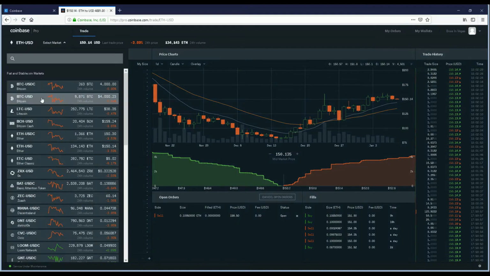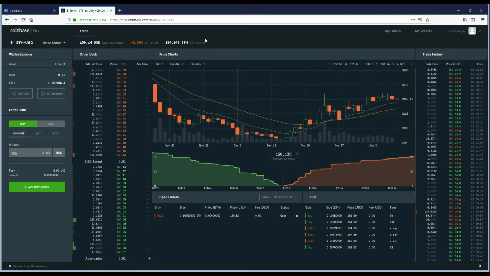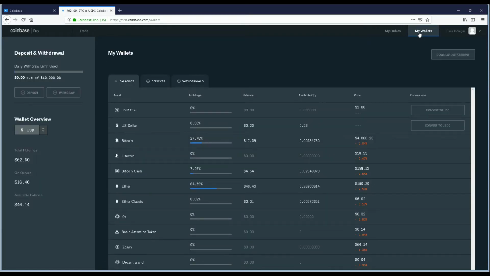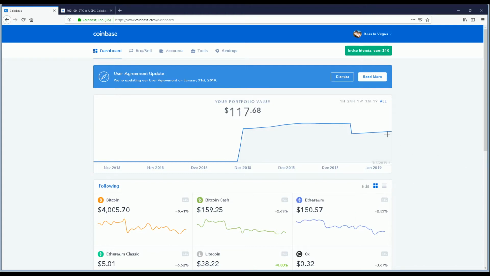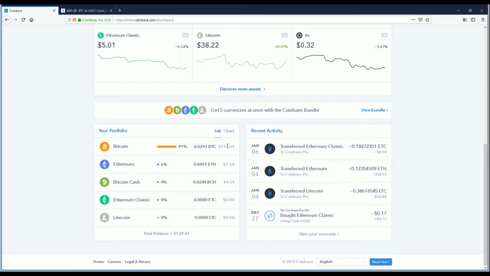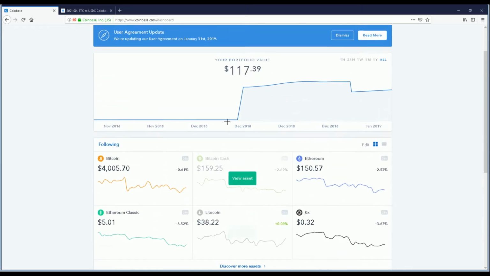Now what you want to look at is my wallets. You can see here it'll give you a nice breakdown of where your money is right now. They're still holding about $100 of this Bitcoin money, the $117, and then I could transfer over some more Ethereum, I think, if I wanted to.